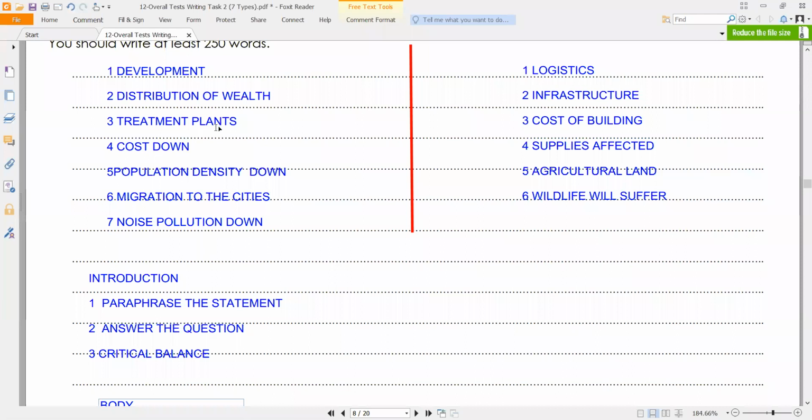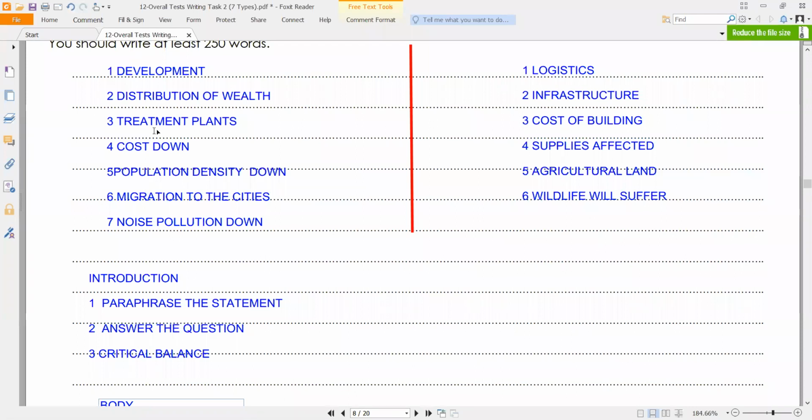Such a move would bring prosperity to the rural areas by the redistribution of the wealth, which is now centered in the cities. And at the same time, factories would be able to reduce their costs of manufacturing and would be environment friendly because they could have treatment plants built in the new location.